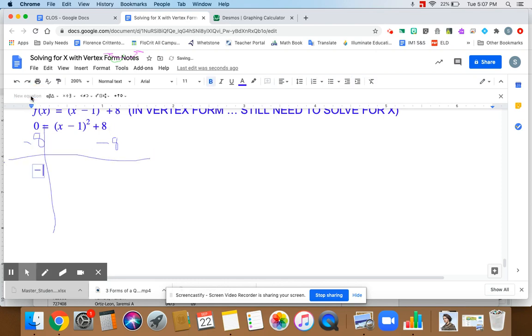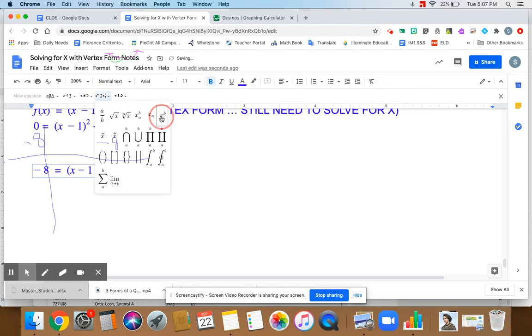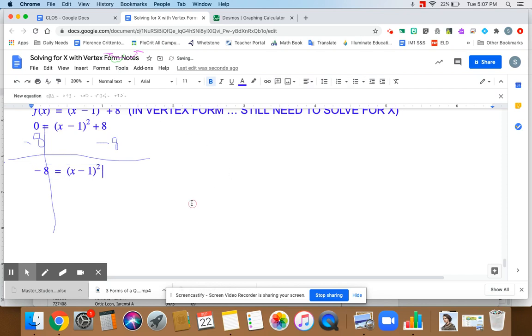So 0 minus 8 is negative 8. And that's going to equal x minus 1 being squared. And then what's my next step? I have to get rid of the squared by doing what? Taking the square root of both sides, so that will eliminate it.